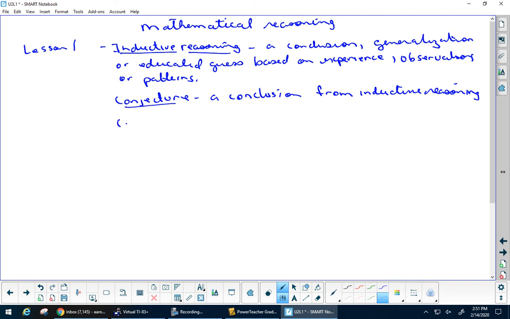And then the last thing, a counterexample is an example which shows a conjecture is false.